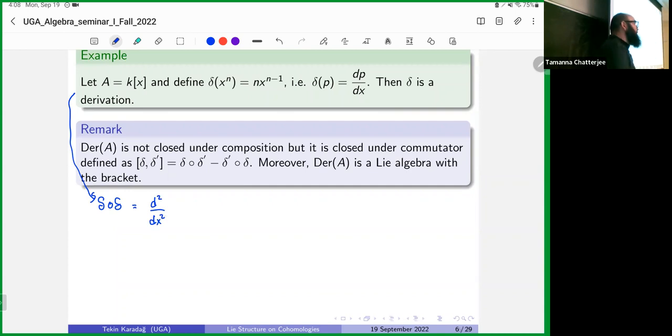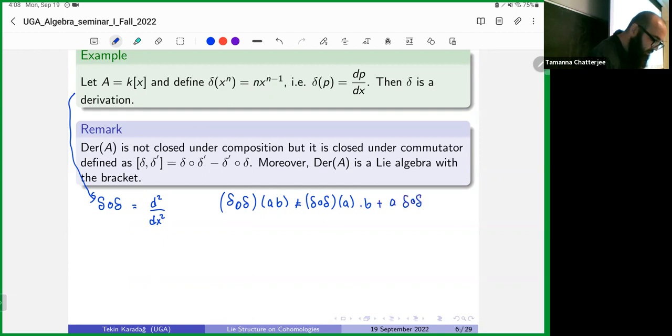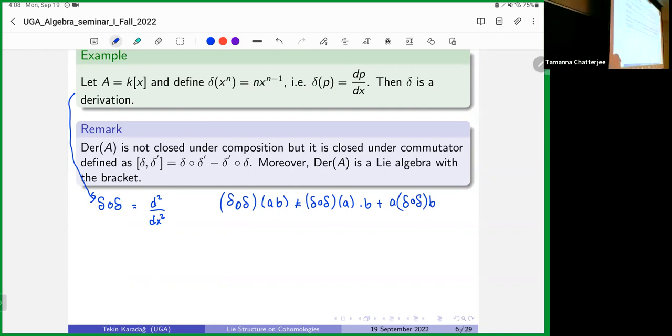And we do have a Leibniz rule for the second derivative, but it doesn't work like this. So this doesn't work. That's why it's not closed under composition.